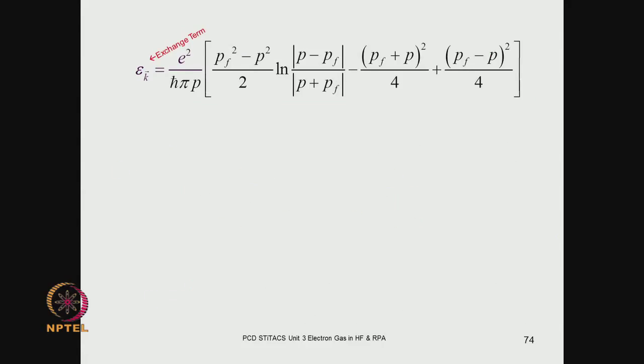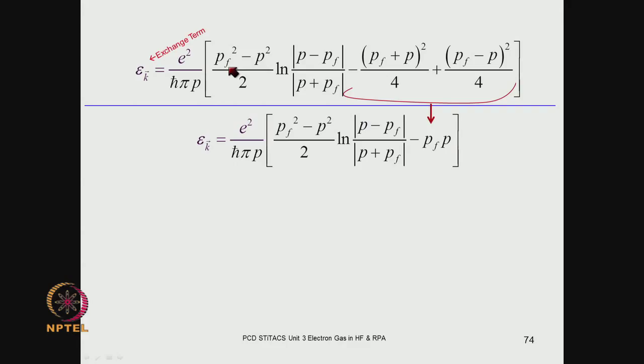Okay. So, now you have an expression for the exchange term, which is in terms of this Fermi momentum. This will depend on the value of the Fermi momentum. This you can simplify because there are common terms over here.